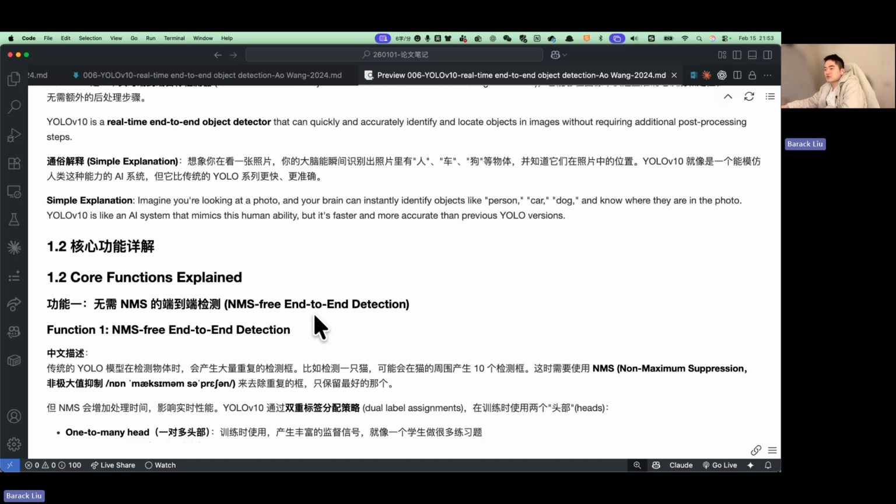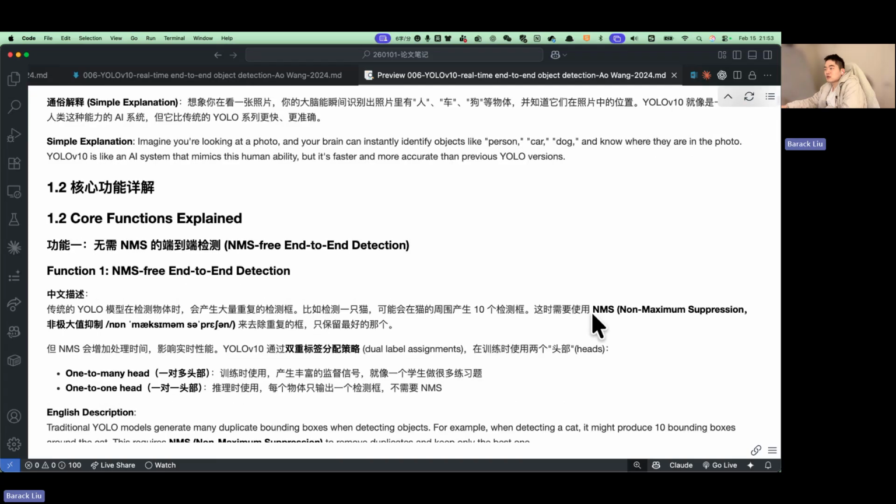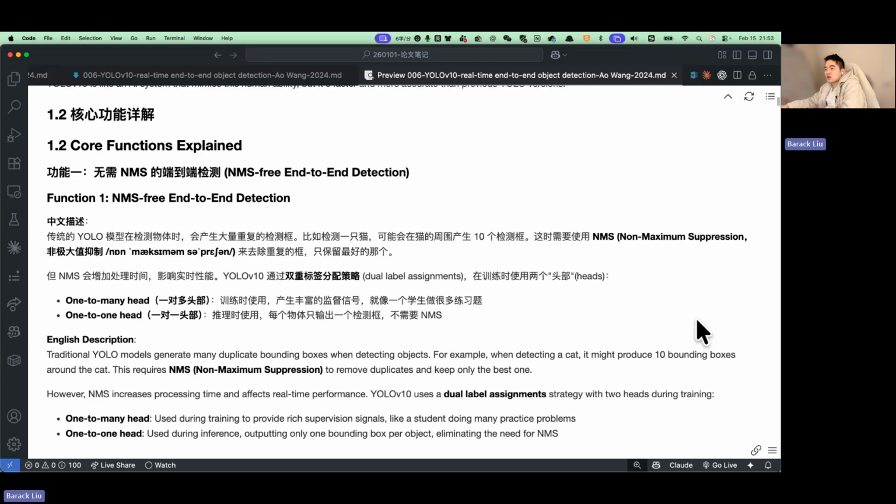NMS-free end-to-end detection. What is NMS? NMS is called non-maximum suppression. Traditional YOLO models generate many duplicate bounding boxes when detecting objects.